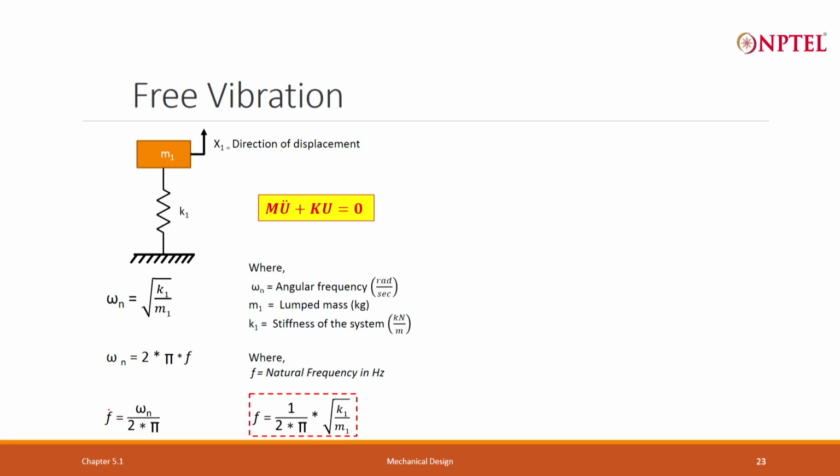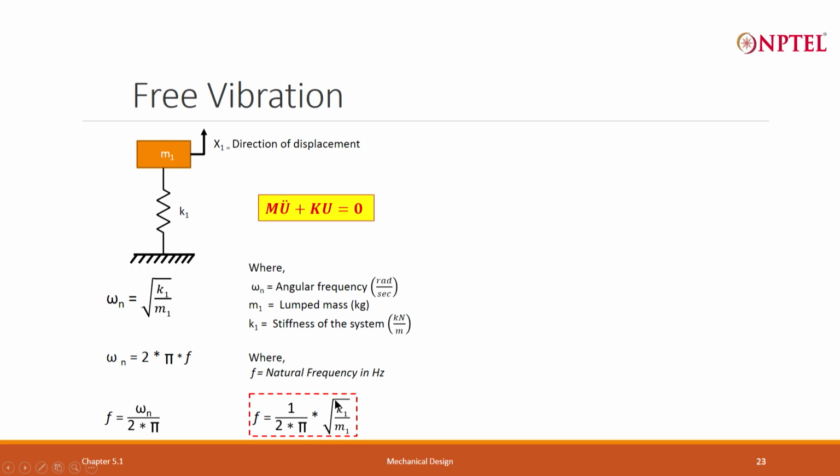So, the natural frequency is 1 by 2 pi into angular frequency, and angular frequency is nothing but square root of K1 by m1, m1 is the mass, K1 is the spring constant. So, natural frequency becomes 1 by 2 pi square root of K1 by m1.